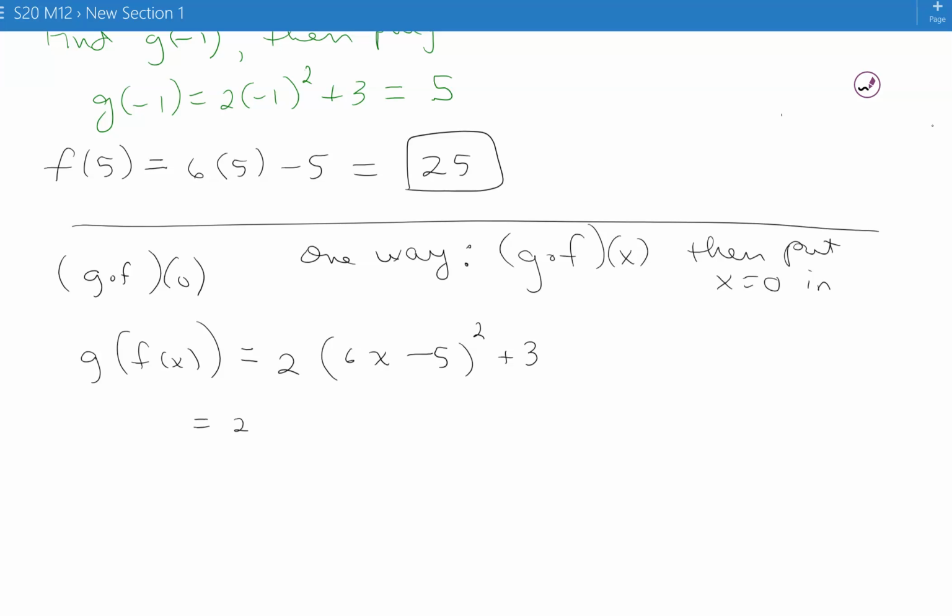So let's simplify that. We'll get 36x squared minus 60x plus 25 plus 3. Distribute that 2 and get 72x squared minus 120x plus 50 plus 3.